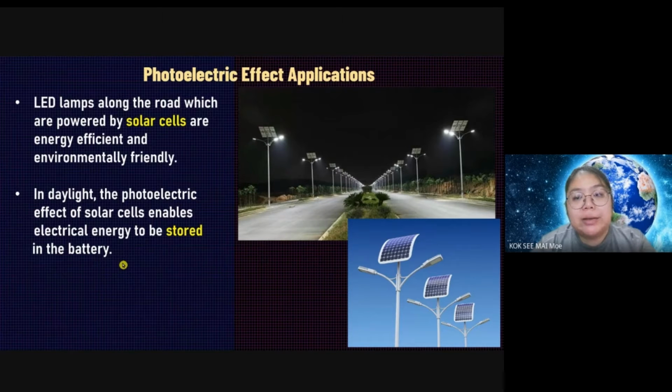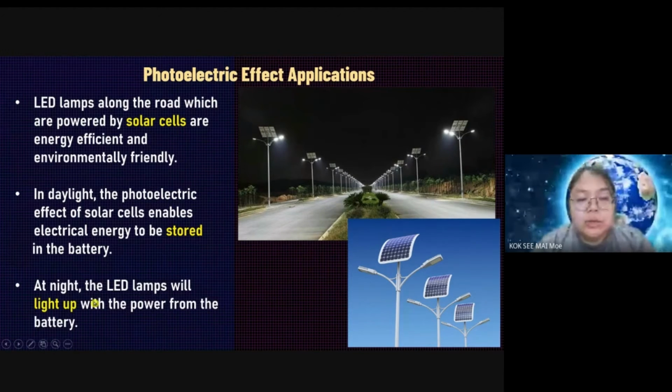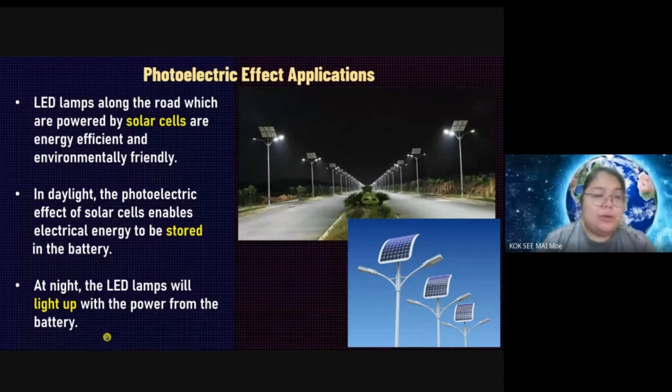From where? From the sunlight. The sunlight shines on the surface of the solar cell, and after that they absorb it. Then at night, the LED will light up with the power from the battery. So the solar cell keeps the energy. Where does the energy come from? It comes from the sunlight.